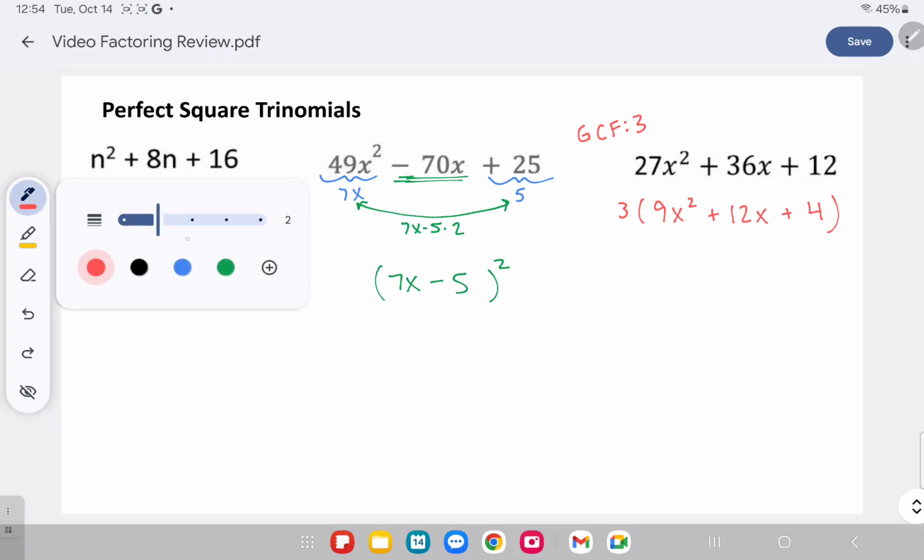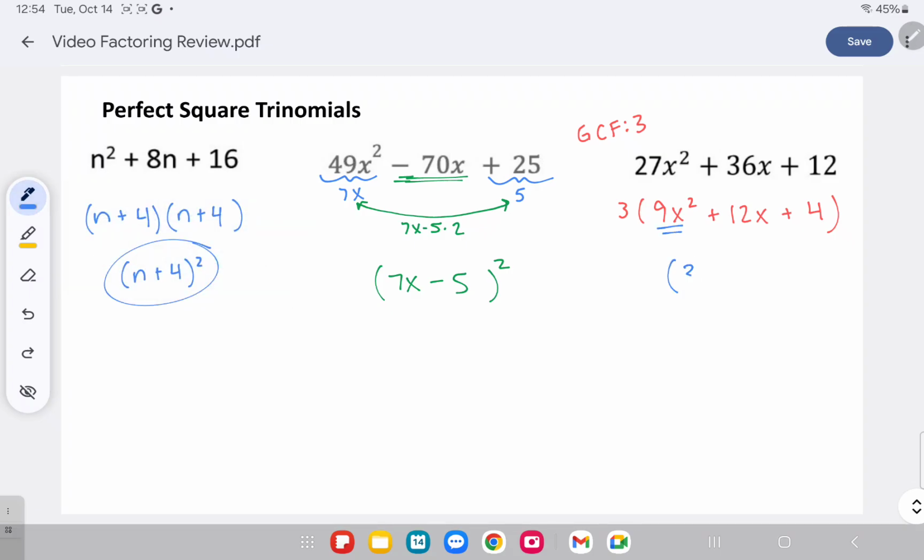Now with what's left, I notice that that first term is a perfect square. That last term is a perfect square. Square root of 4 is 2. And if I multiply these together and double it, I get 12x. So this was a perfect square trinomial.